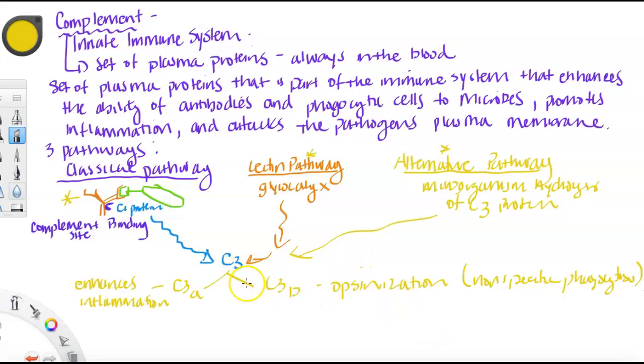Okay, and then from the C3b, we can get the C5 protein, and it will attach with the C6, the C7, the C8, the C9, and it will create the membrane attack complex.